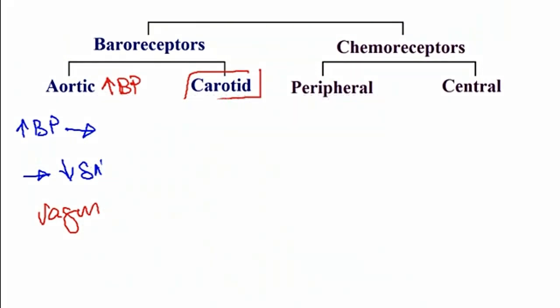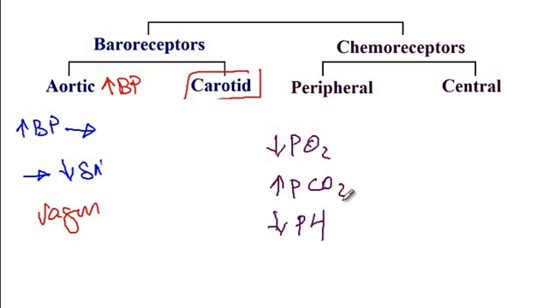Next, we have the chemoreceptors, which are divided into peripheral and central chemoreceptors. The peripheral chemoreceptors, which include the carotid as well as aortic bodies, respond to low PO2, high PCO2, as well as low pH. And as we discussed, PCO2 and pH are connected to each other.